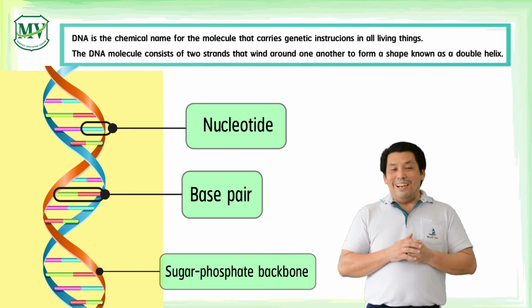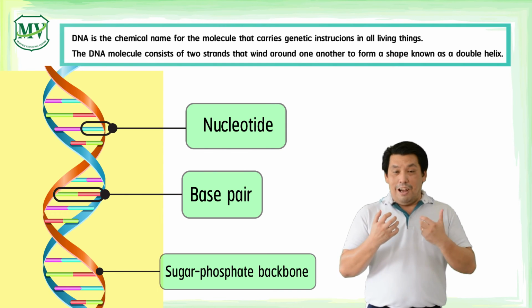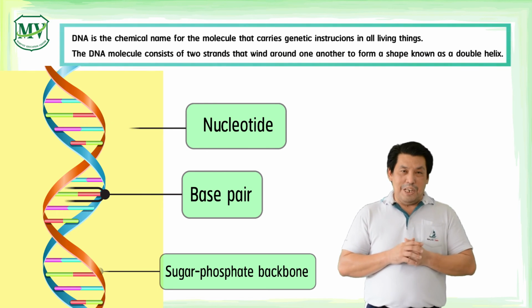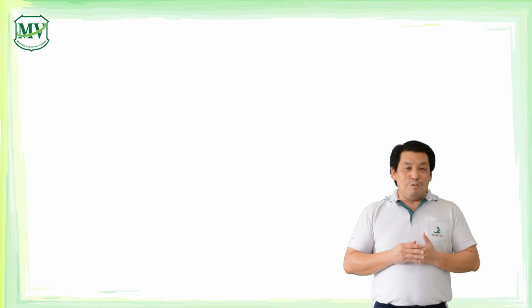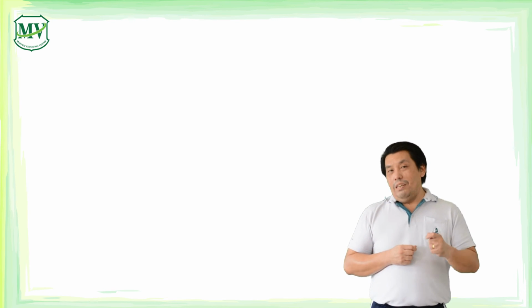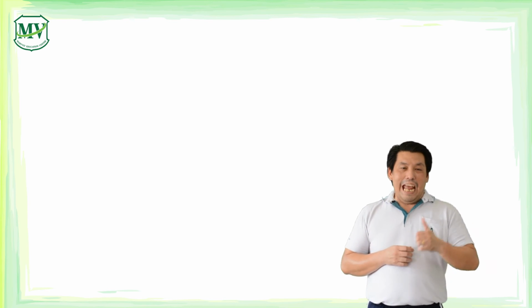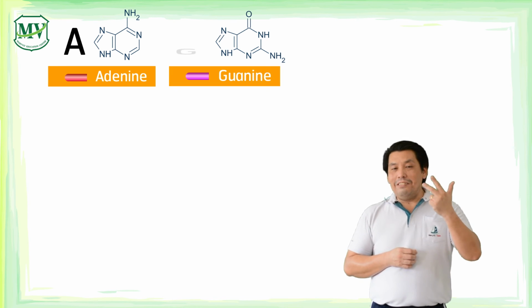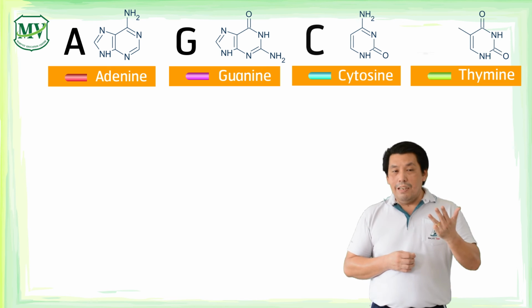The bases are on the inside, oriented such that the hydrogen bonds are formed between purines and pyrimidines on opposite chains. The information in the DNA is stored as a code made up of 4 chemical bases: adenine, A, guanine, G, cytosine, C, and thymine, T.